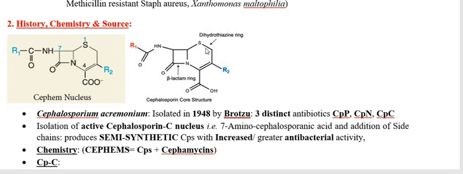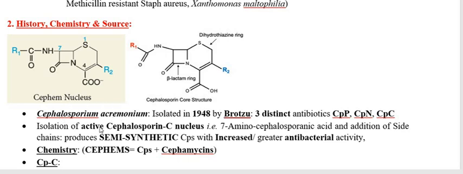So 7-aminocephalosporinic acid possesses a beta-lactam ring plus a dihydrothiazine ring.